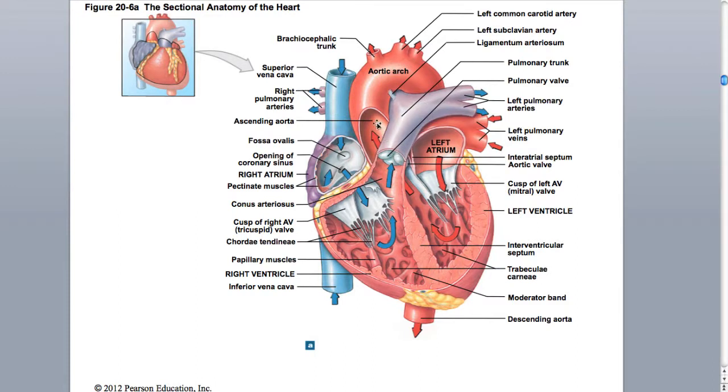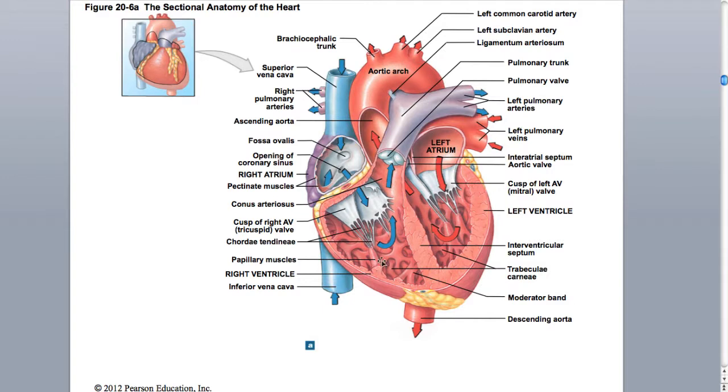And that is where your blood vessels come into play. Your blood vessels have a job of getting the blood away from the heart, away from that aortic valve. And that's what they do in between the heartbeats. Okay, so that's the main gist of this picture.